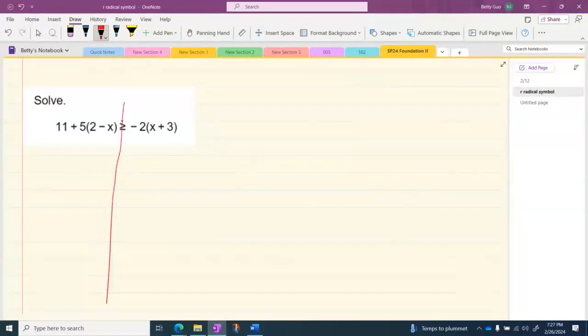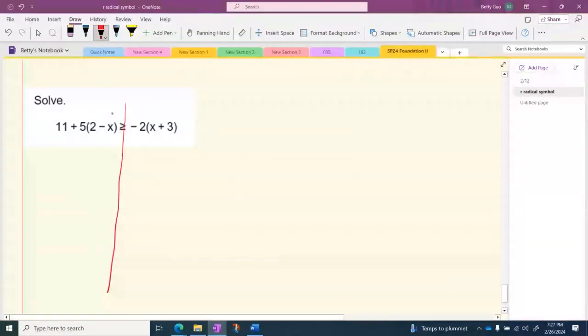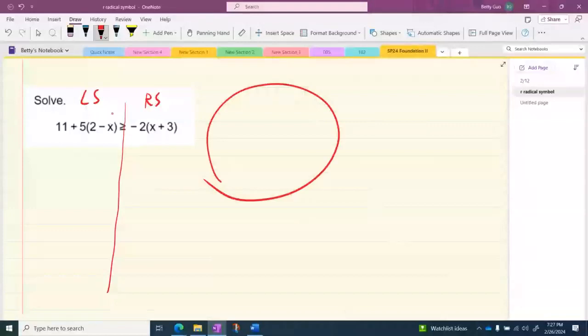My transposition is the same. I put an imaginary line here to separate the left side and right side. And also, I would write my goal here. Remember the goal when we solve a linear equation in one variable? Same here.